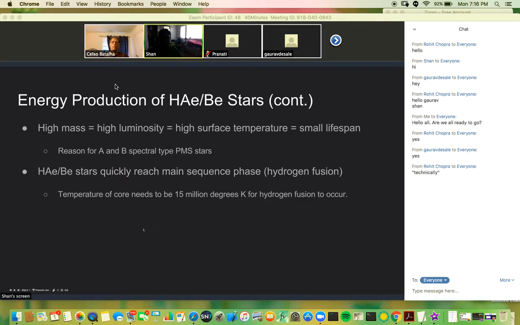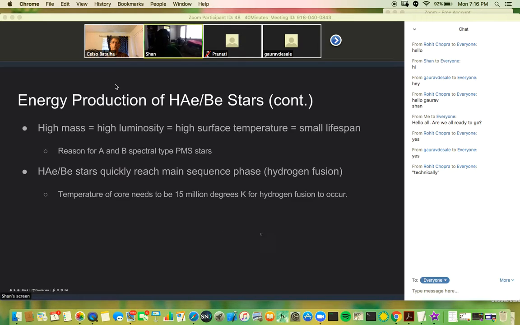If you have one hydrogen proton here and another one here, because they have the same positive charge, they tend to be repelled by one another, and so they won't really collide with each other.